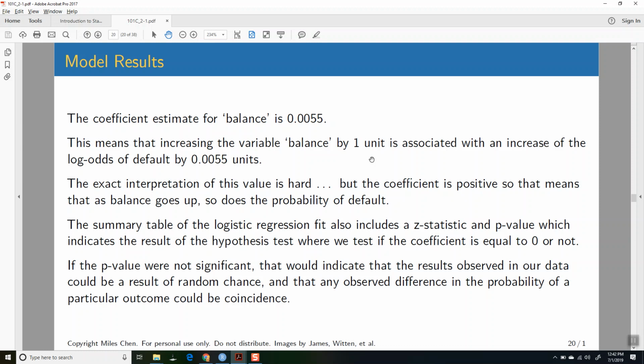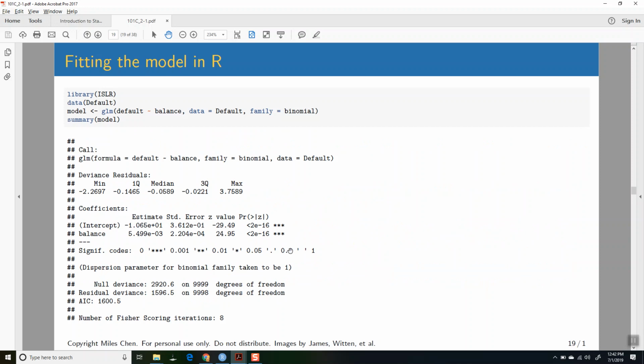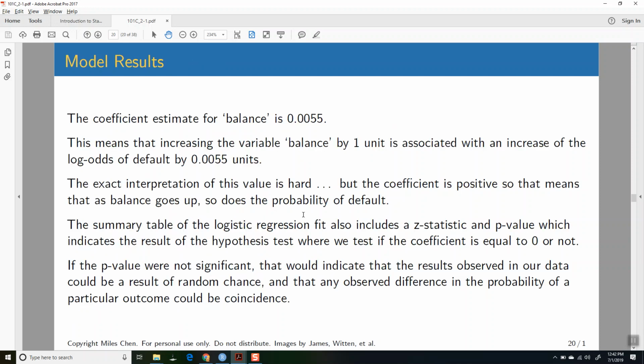And again, the summary table tells us that these values are significantly different from 0. If they were not significant, the changes in probabilities could be explained away by random chance. But here we're saying the relationship we see between balance and probability of default cannot be explained by random chance. So this is what we've got here.